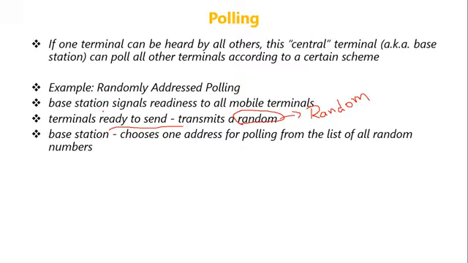If two terminals create the same random number, that will result in a collision. Now using this random number, the base station will communicate with that particular terminal.